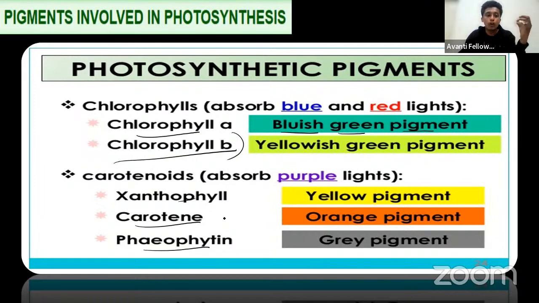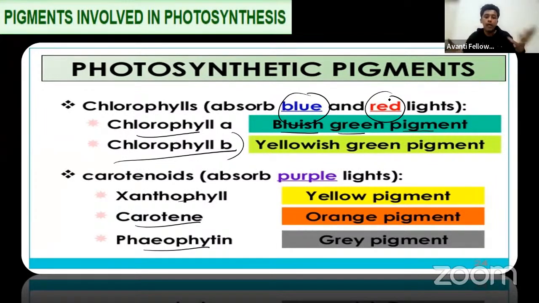Chlorophyll A and chlorophyll B are highly specialized in absorbing one specific wavelength of light, which usually appears in blue, or blue and red colors. Carotenoid pigments absorb some of the lower wavelength light, something like purple light.